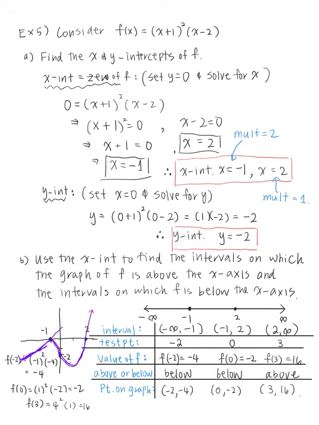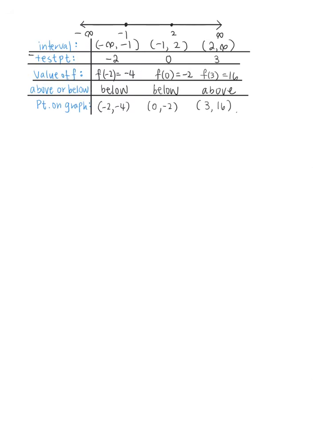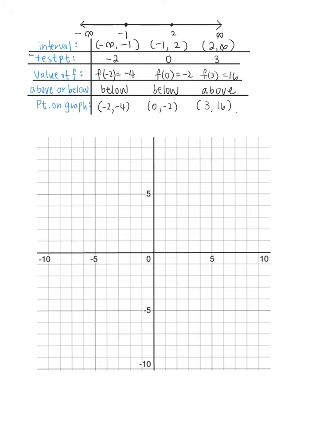All right, so I'm going to try to write this out nicely and work it on the bigger space on the next page. So here is the same chart that we just drew on the previous page. Now let's translate this out. Let's graph this nicely now. First, let's jot down our zeros. Recall that our function f of x, which I rewrote at the top, was x plus 1 squared times x minus 2.